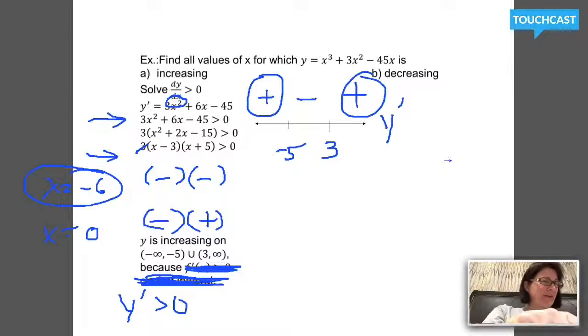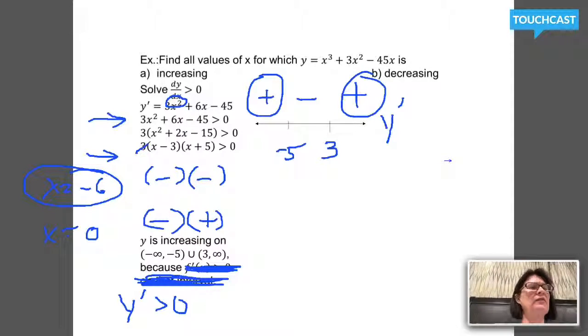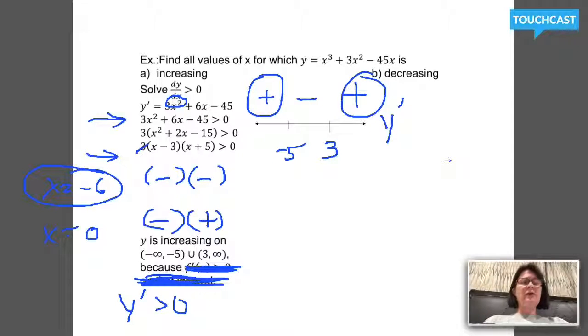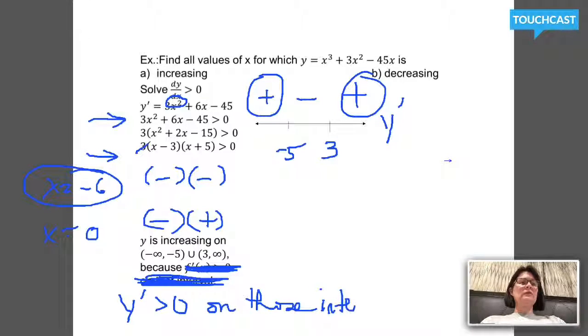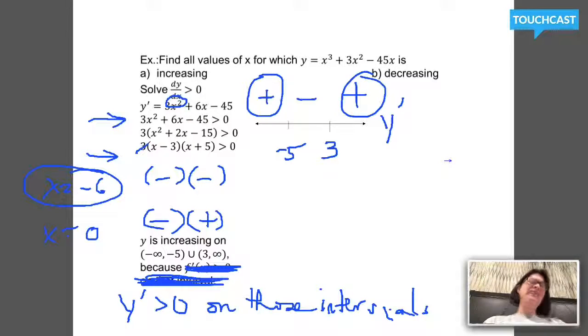The thing I had written there said f prime, but there's no f in this problem, and I hadn't stopped to define f. I want to make sure I'm only using variables that are already defined. Because y prime is greater than 0, I'm going to say on those intervals. My original had said on that interval. Technically that's two separate intervals, so I'm going to say on those intervals.